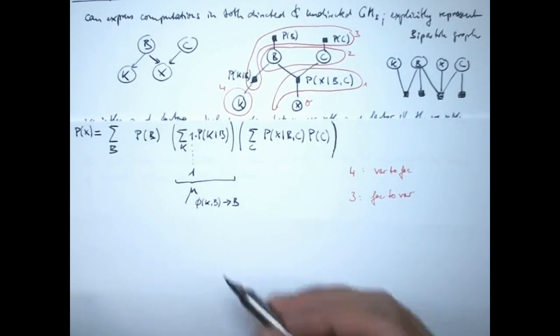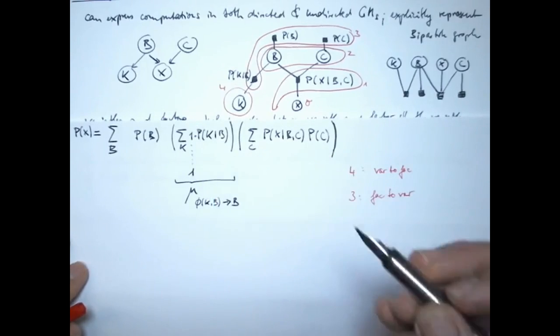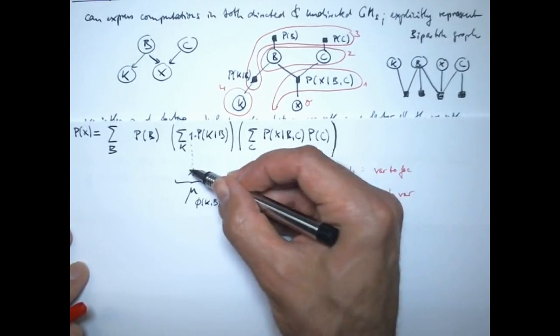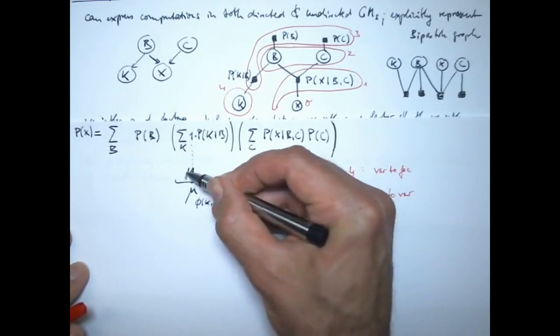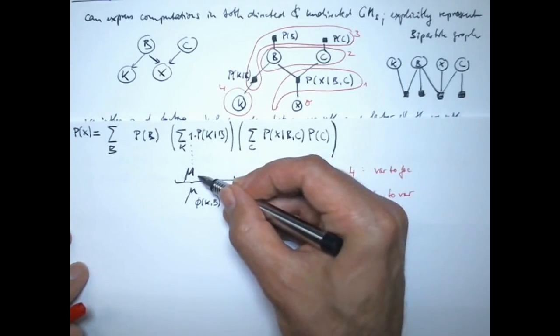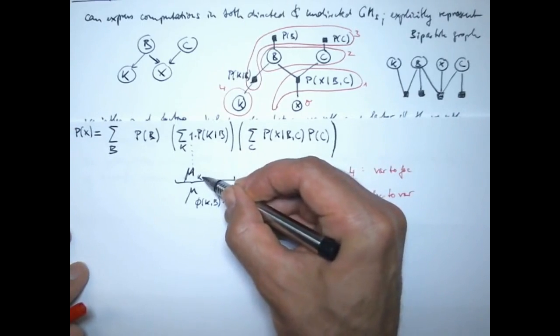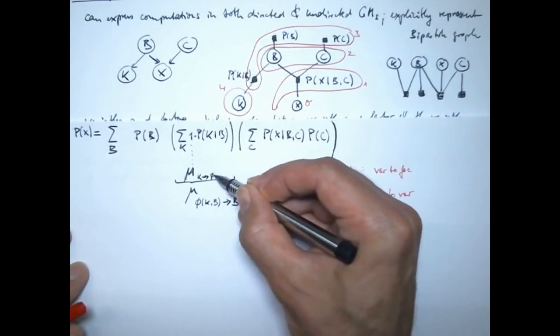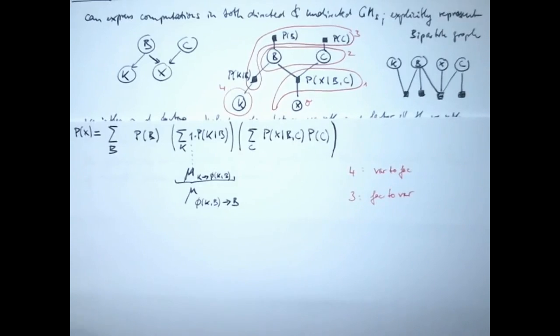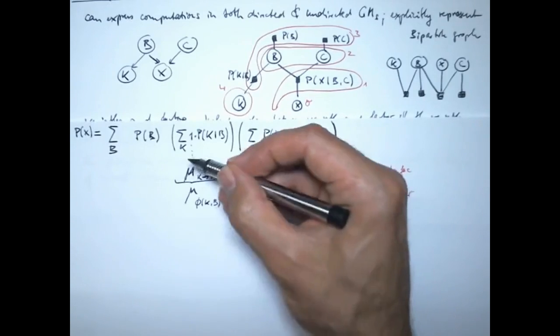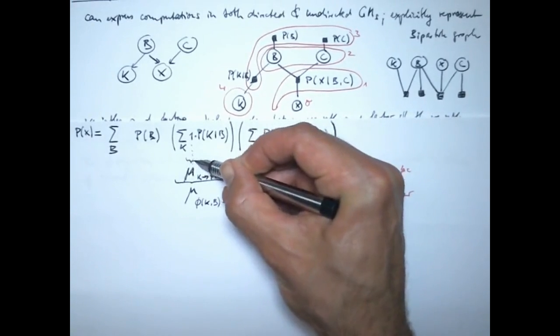If I want to use similar notation up here for the 1, I could say that my 1 was a message mu from variable k to the factor that involves k and b. This is just the 1.